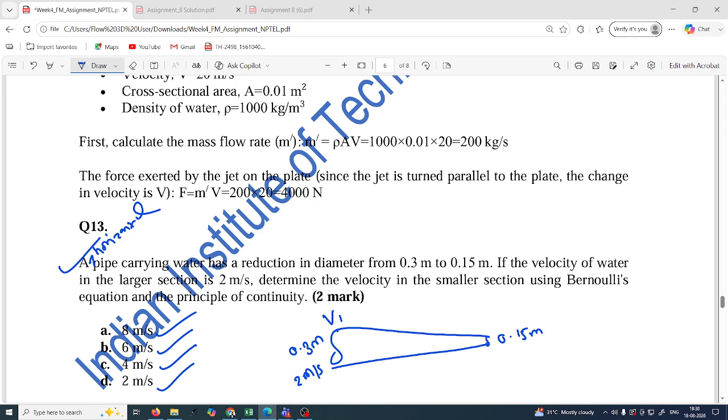This is your section 1, this is your section 2, 2 meter per second. Determine the velocity at the smaller section. So here we need to calculate V2. The diameter is given, so D2, this is your D1, this is your V1. Now determine the velocity in the smaller section using Bernoulli equation and the principle of continuity.